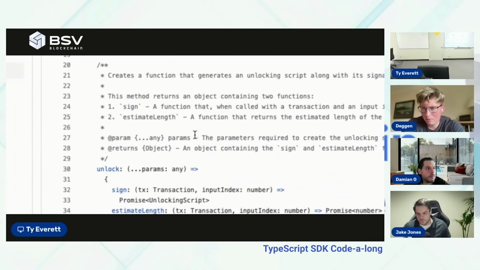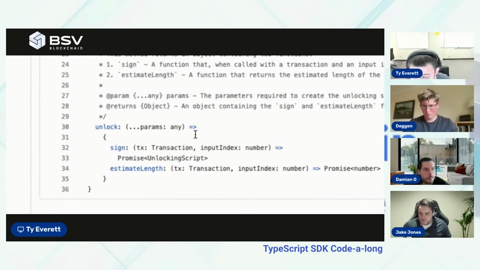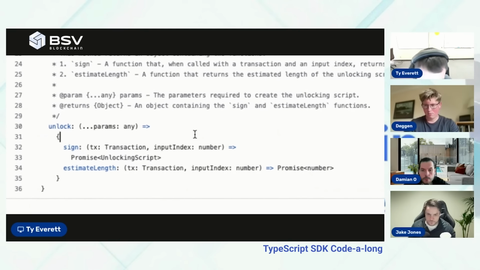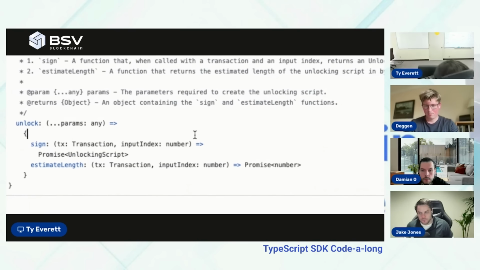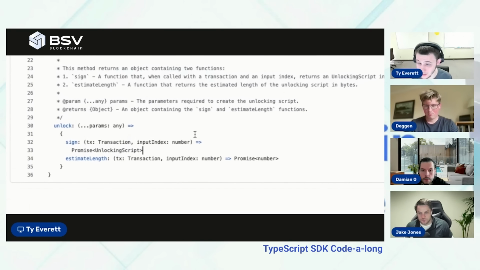Second thing is, in the unlock one, you can pass any parameters, and then it's going to return an object with two functions. That's going to be a sign function, which, given the transaction and the current input, will return a promise for an unlocking script. And the estimate length, which, given those same two parameters, the transaction and the input index, will return a number of bytes, which represents the estimated length of the unlocking script in that context.